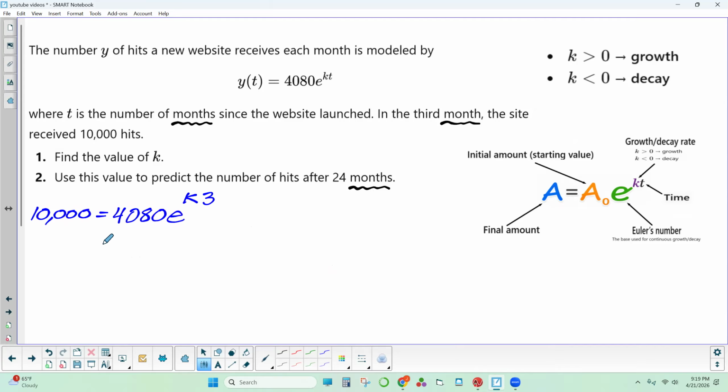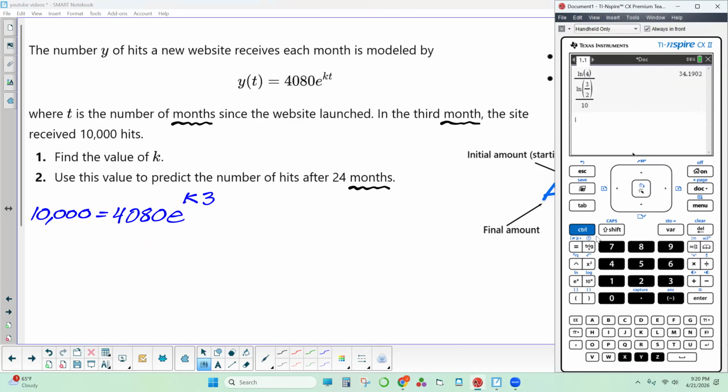I'm going to start off by dividing 10,000 by 4080, and that is 125 over 51. 125 over 51 equals e raised to k times 3.